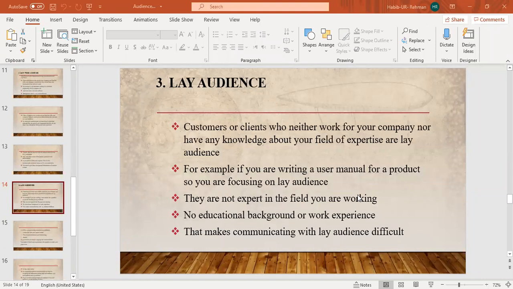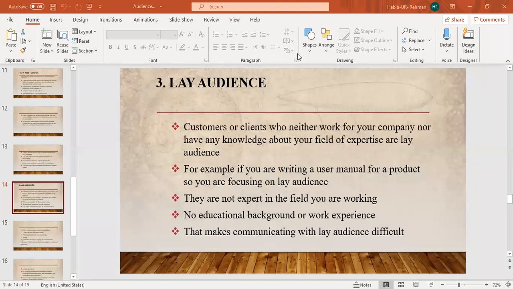So you should keep in mind that your readers are a lay audience and they do not share your experience, and they don't have a degree in computer science or whatever you want to explain. So if you are talking to lay audiences, you need to explain everything.